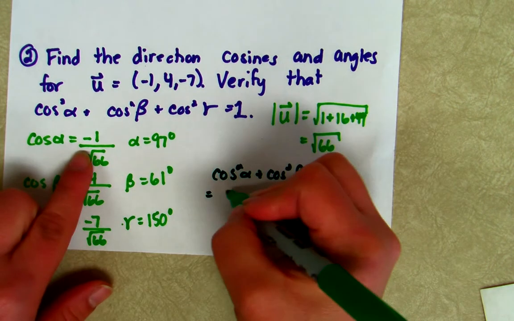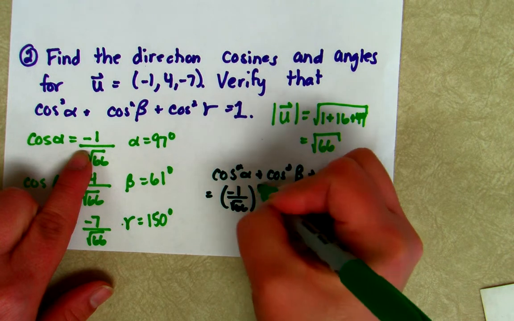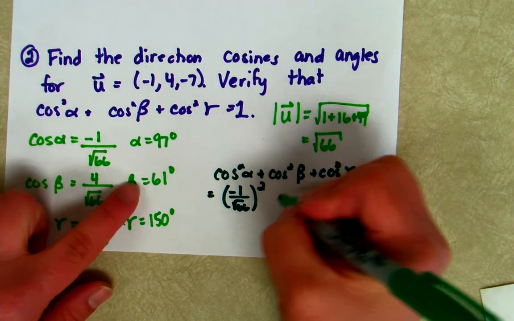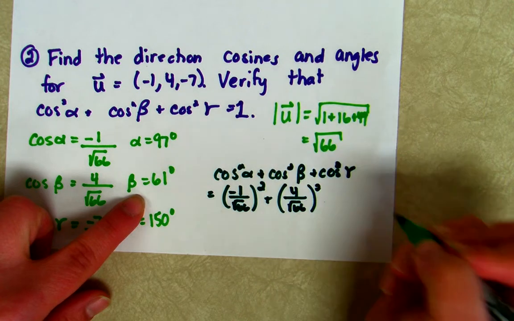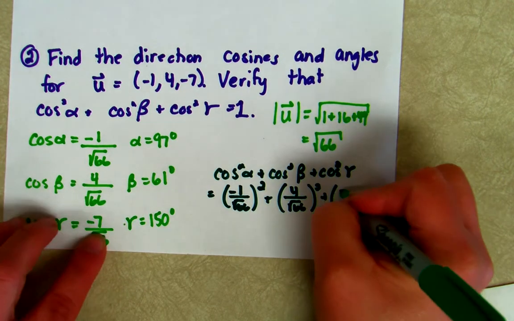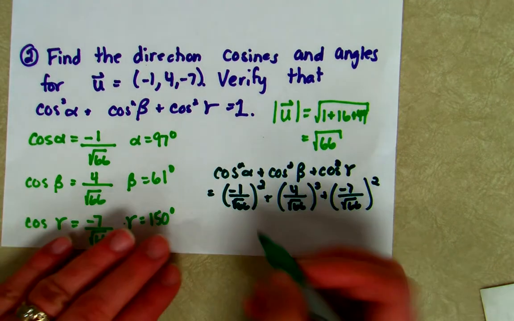And now I'm going to fill them in. So cos of alpha is -1 over root 66, and then I'm going to square it because of the 2 in the formula. Cos of beta is 4 over root 66, and then I'm going to square it. Cos of gamma is -7 over root 66, and then I'm going to square it.